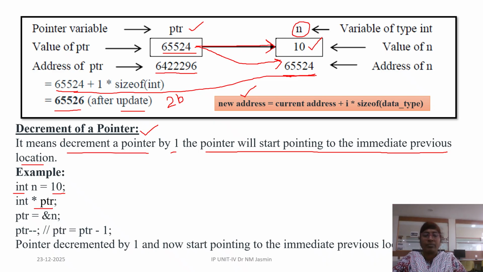Declare the pointer, which is an integer pointer, and the pointer is holding the address of this variable. Then the pointer is decremented. This can be read as pointer equals pointer minus 1. So this pointer is decremented by 1 and now starts pointing to the immediate previous location.